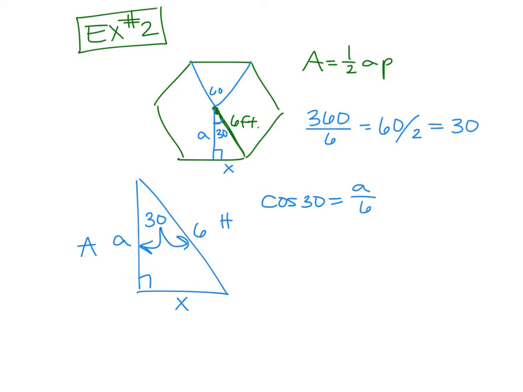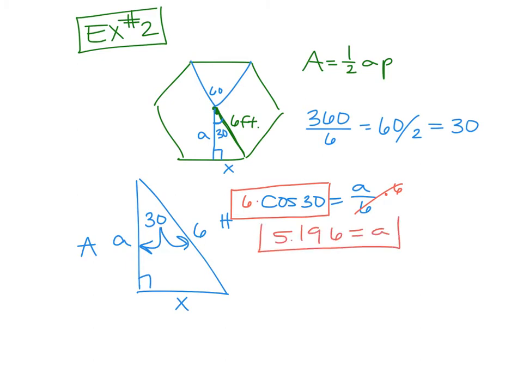How do you solve for A? You multiply by 6. Okay, so we're going to multiply by 6 on both sides. This goes away. So this is my A, okay? And you're welcome to leave it as 6 cosine 30, or you're welcome to plug it in. If you plug it in, how many decimal places are you gonna use? 3. So we would say 5.196 is our apothem, okay? Then we need X.